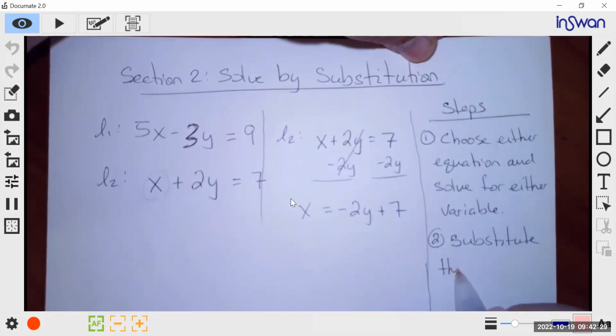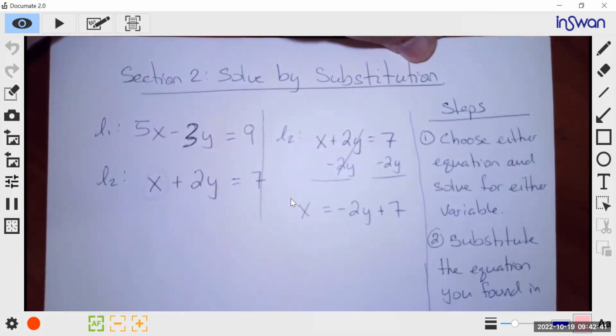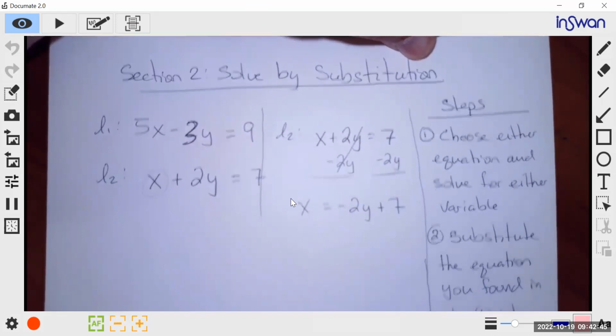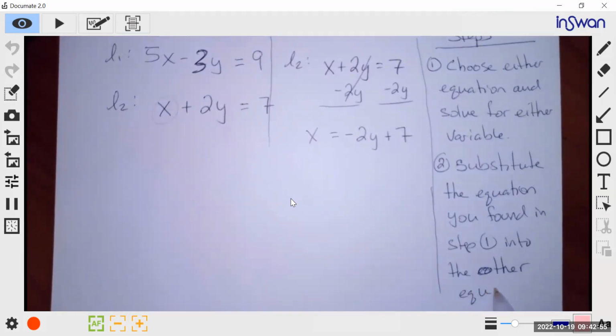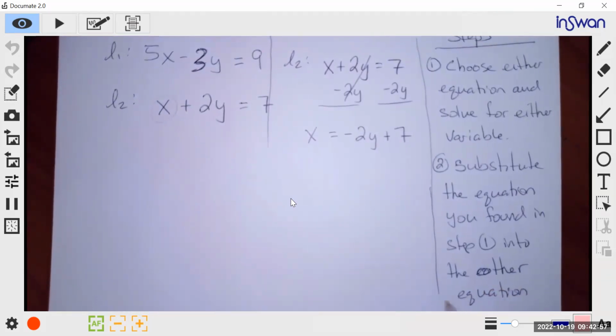Substitute the equation you found in step 1 into the other equation.